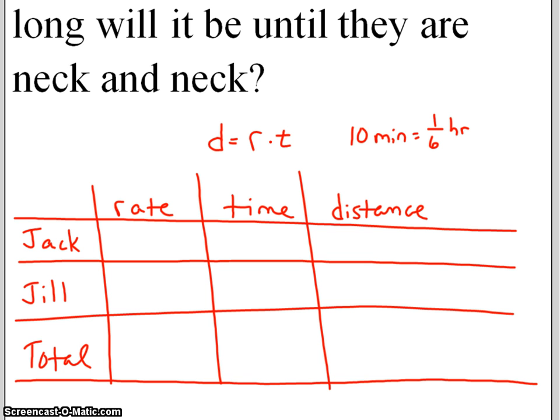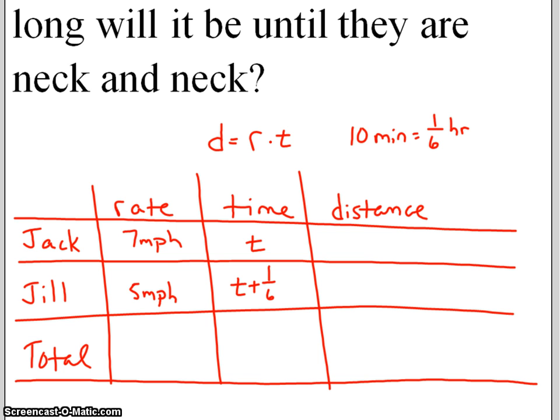So let's see. Jack runs 7 miles per hour. Jill runs 5 miles per hour. And if Jack's time is t, that means Jill's time is t plus 1/6 of an hour.